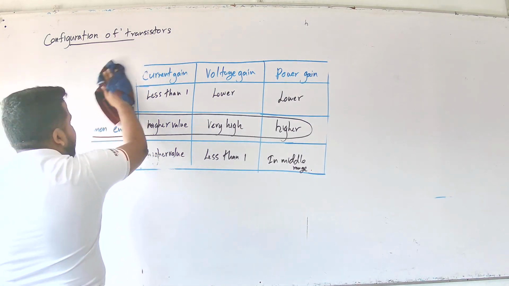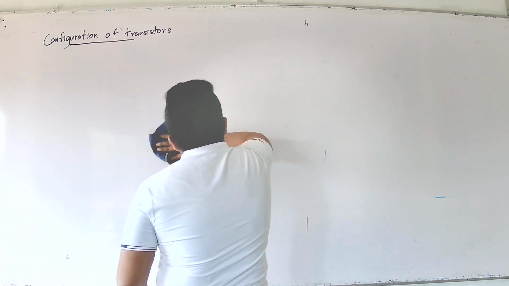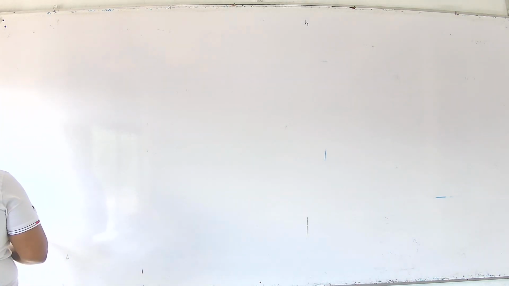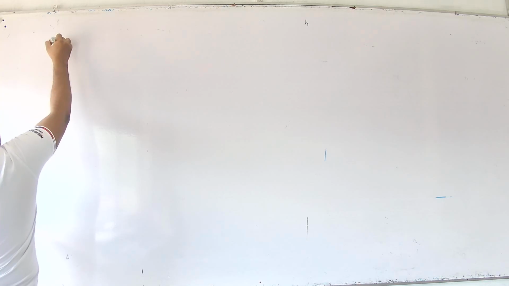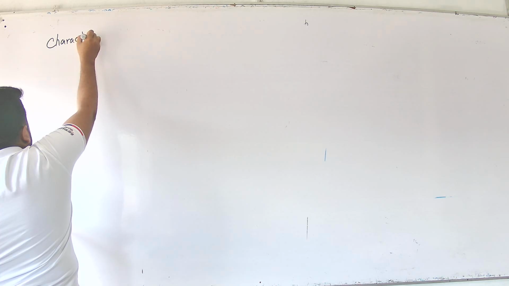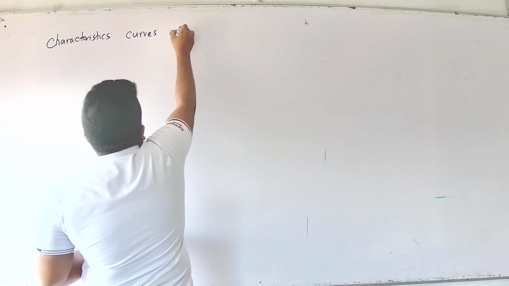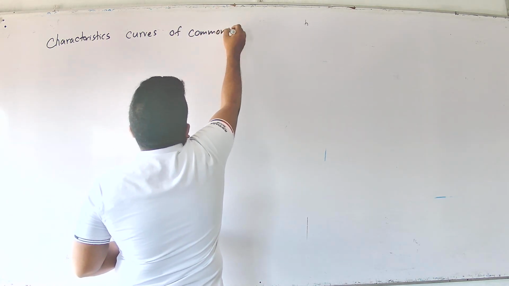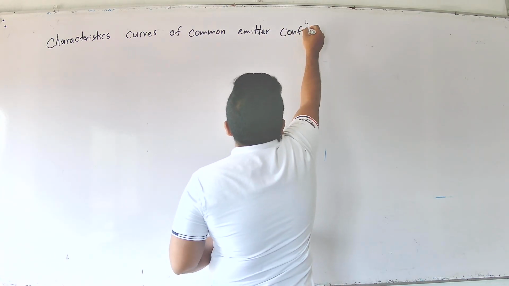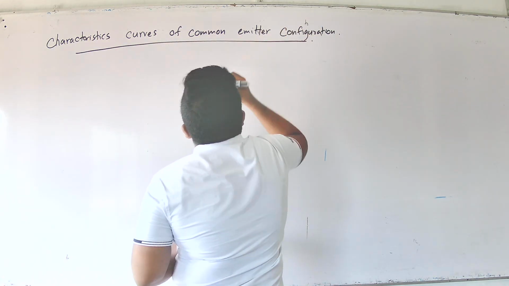Characteristic curves. Topic is the characteristic curves of common emitter configuration. Okay.